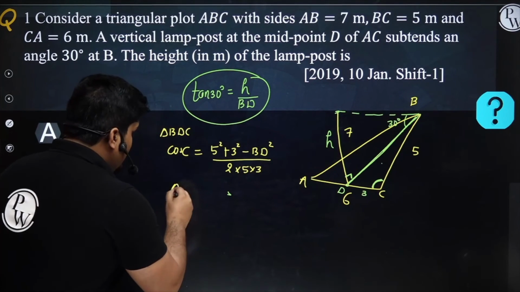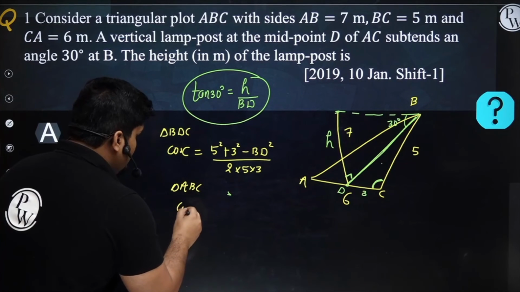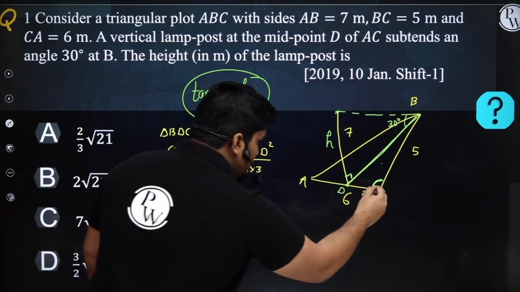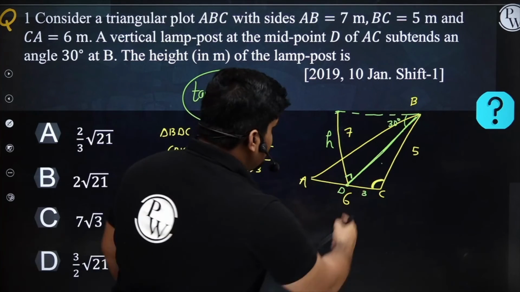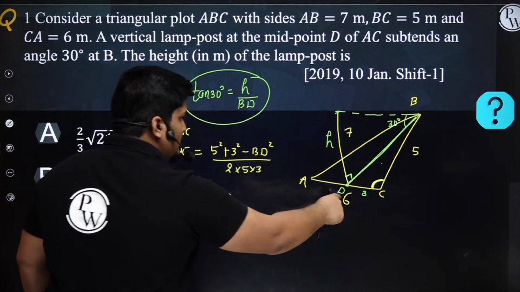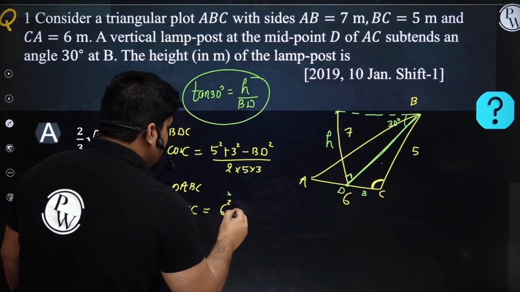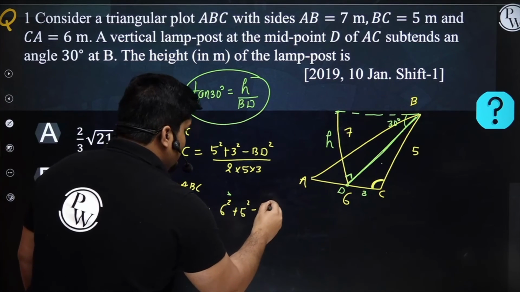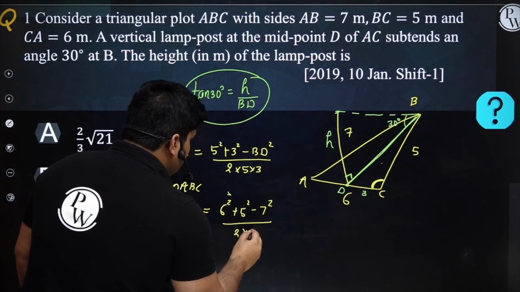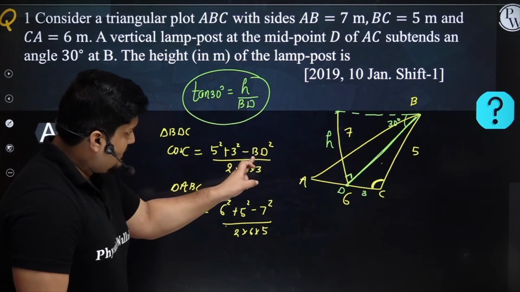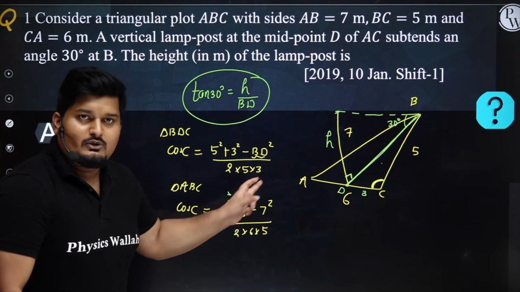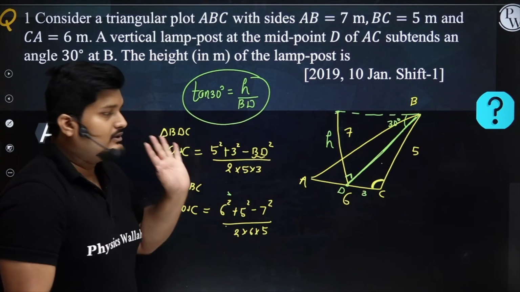Now in triangle ABC, the angle is the same, so cos C will be equal to 6 square plus 5 square minus 7 square divided by twice of 6 into 5. If you equate them, the only variable is BD, so you can find BD and put it back here.